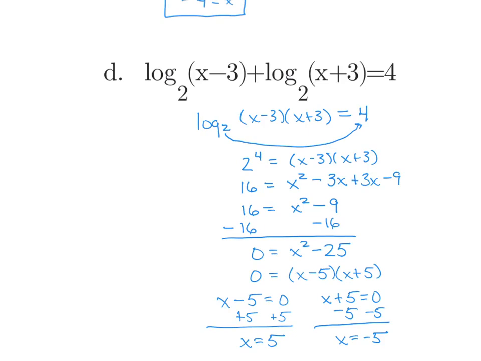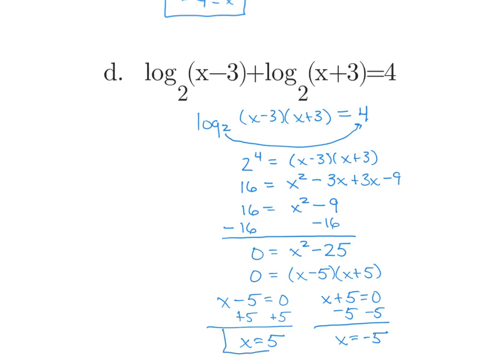Okay, so now let's check our answers, starting with 5. If we plug in 5, 5 minus 3 is 2. That's fine. 5 plus 3 is 8. That is also fine, because they are both positive numbers.